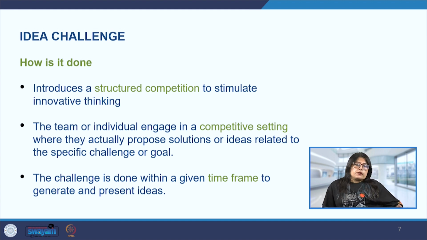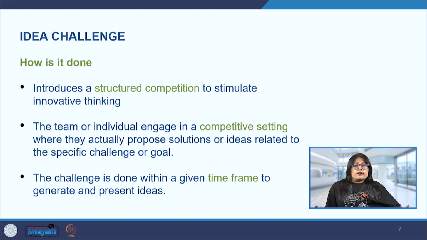So let us understand this with a small example. Now if there is a challenge that is given to, say, teams or individuals to find creative ways to reduce the use of single-use plastic in consumer products.